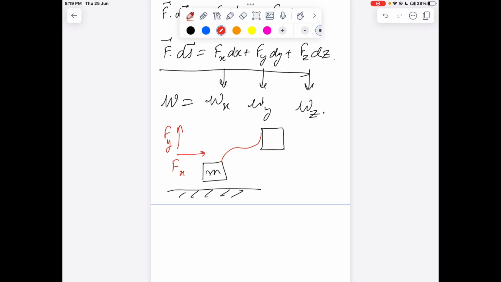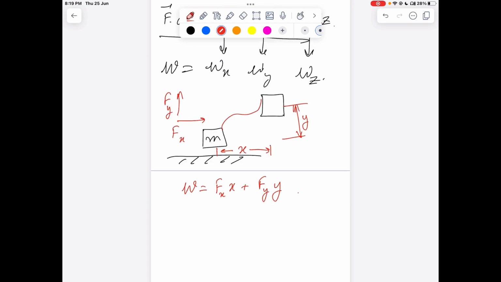And let's say the body has moved by a distance of x over here and by a distance of y over here. So in this case, work would be Fx x plus Fy y. That is the work done in the x direction plus the work done in the y direction.